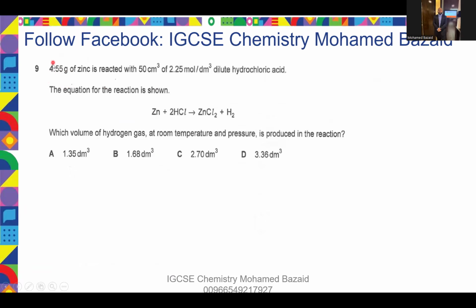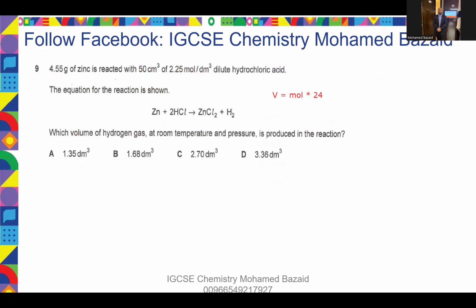Question number 9. As you see here, you have 4.55 grams of zinc reacted with 50 cubic centimeters of 2.25 mole per cubic decimeter hydrochloric acid. The equation for the reaction is shown. Find the volume of hydrogen gas produced at room temperature. This is stoichiometry. Volume of hydrogen equals moles multiplied by 24, but I don't have the number of moles of hydrogen.